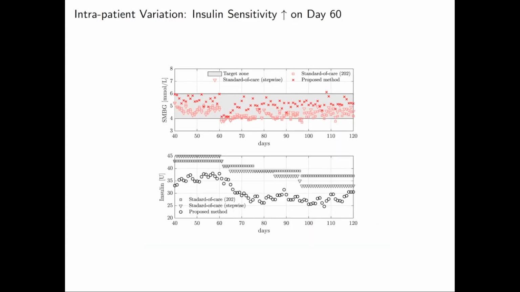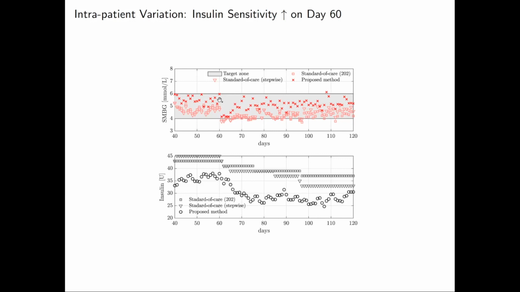We then simulate a case for the same virtual patient as before, where now the insulin sensitivity increases on day 60 by about 30%. The increased insulin sensitivity would require a reduced insulin dosage in order to avoid hypoglycemic events.